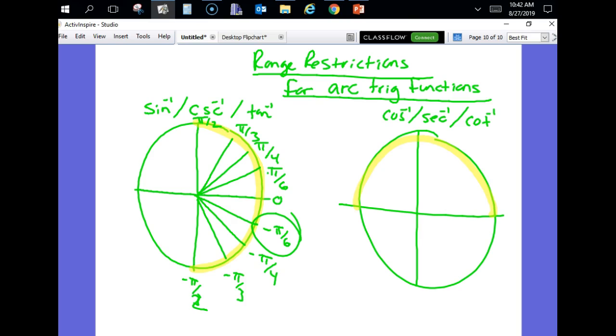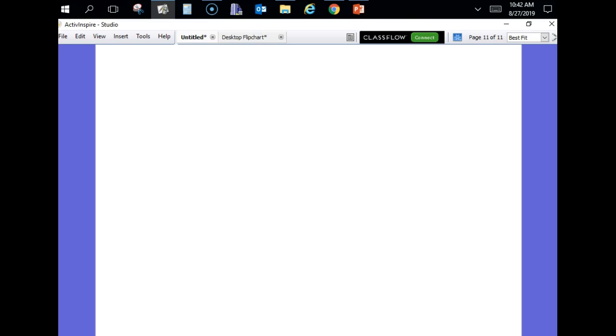All right, I want to do one quick example for you. I'm just going to do it, and then I want to spend some time on homework with you guys. Okay? So here we go. Let's say I gave you this: arc sine of negative radical 3 over 2.